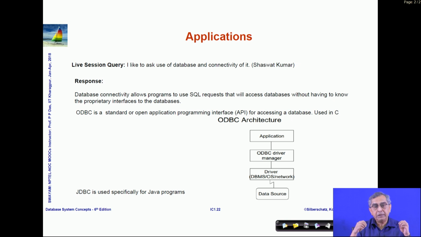Now, when you want to query that database, when you want to get some information from that database, you cannot access that just as a component of your software, because first of all, it is just too huge a system. Then it is used by multiple people, so you cannot take control of that.